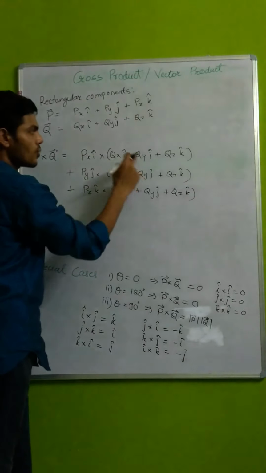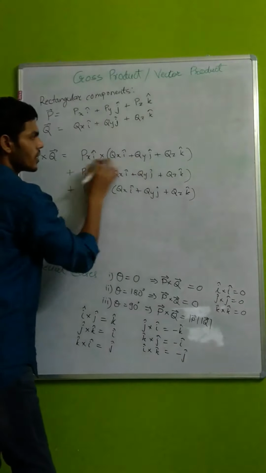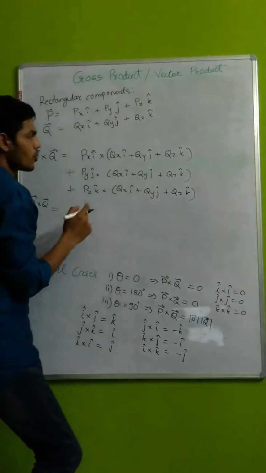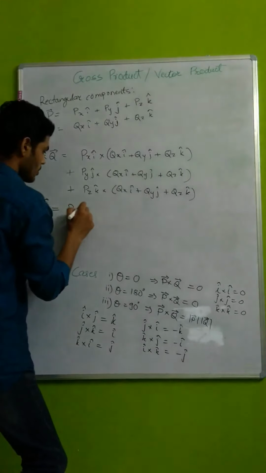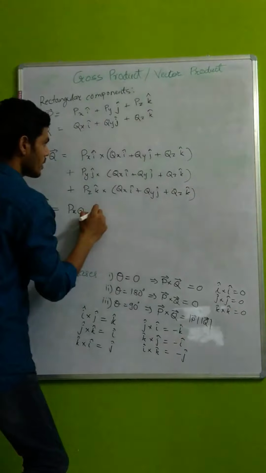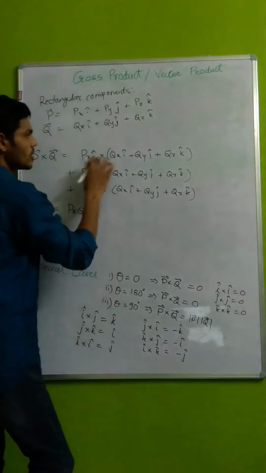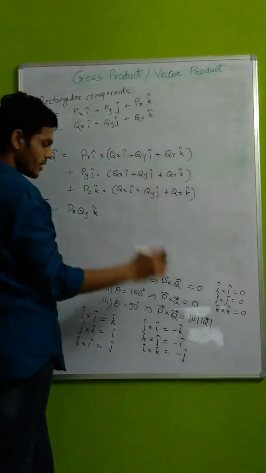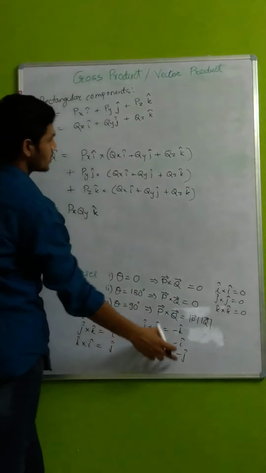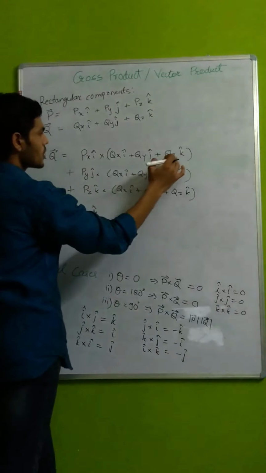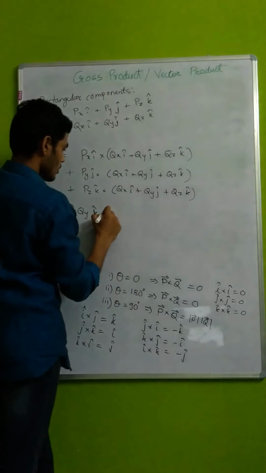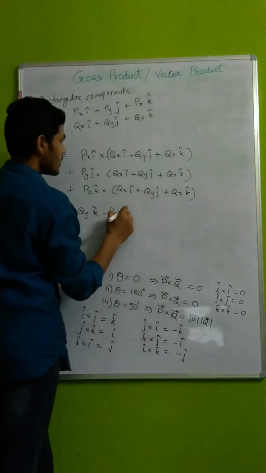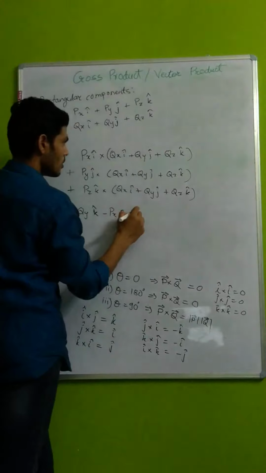So Pxi into Qyj is PxQy k. Now i cross k is minus j, so this will be minus PxQz j.